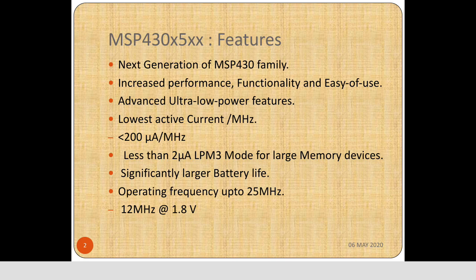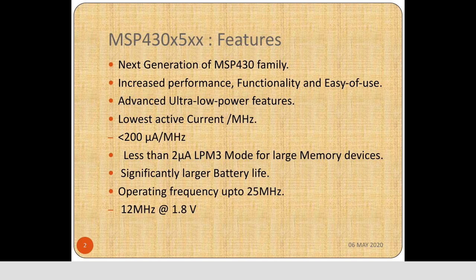So we can say this is an ultra low power feature. When the requirement of the power is reduced, we can say indirectly the battery lifetime increases.